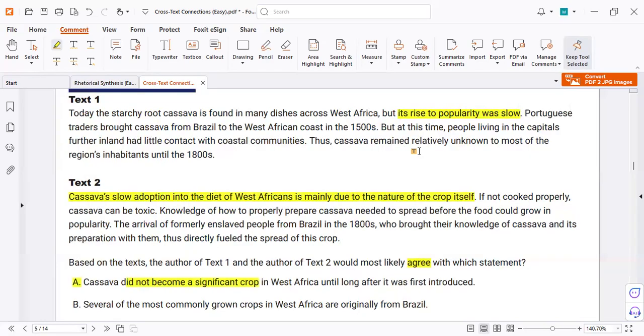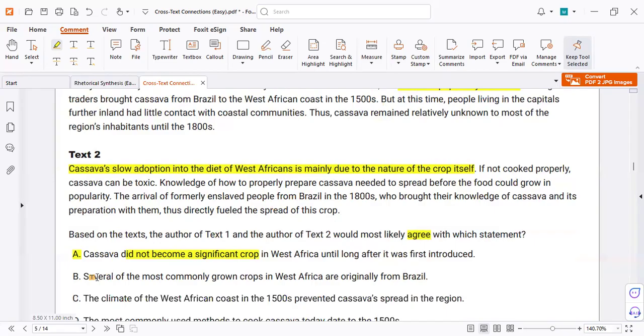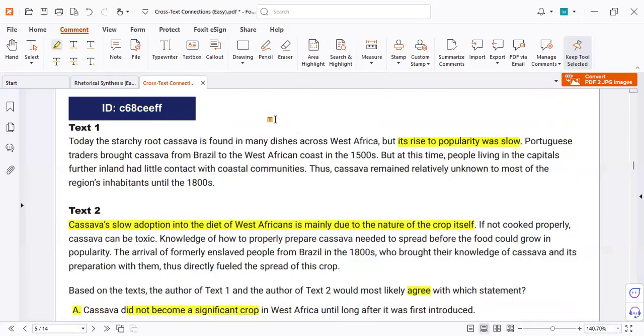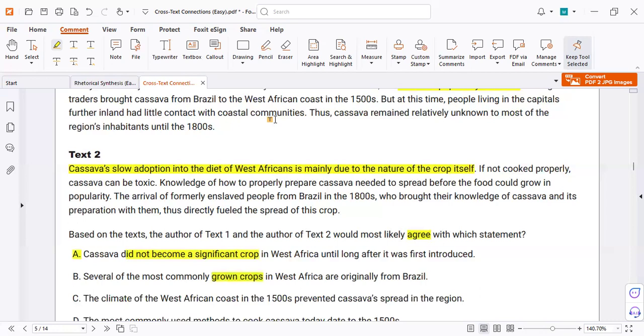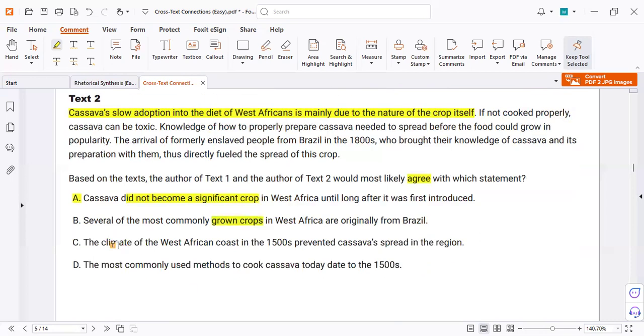So the idea of its rise to popularity is mentioned in both. But letter B is not mentioned. He didn't mention other crops, he talked about that only. So B is wrong. He didn't mention in both of them the climate or the methods used to cook. So he mentioned the slowness.